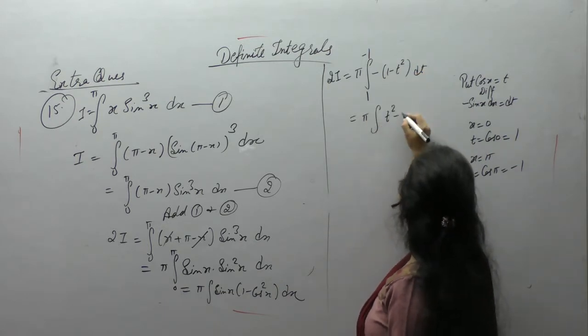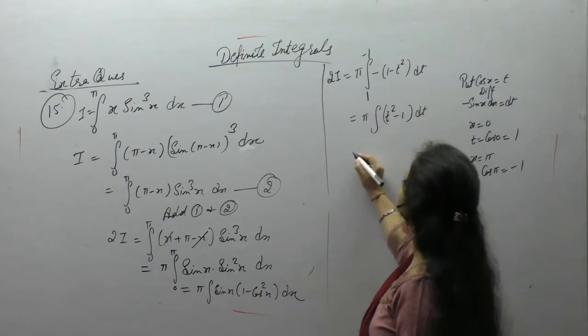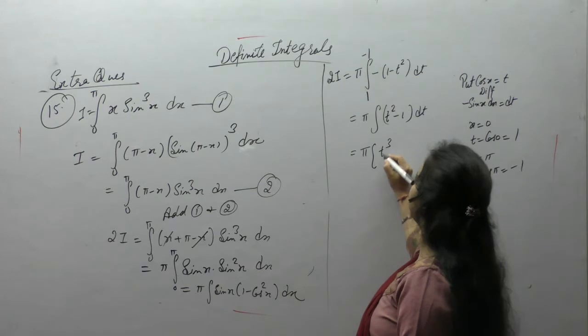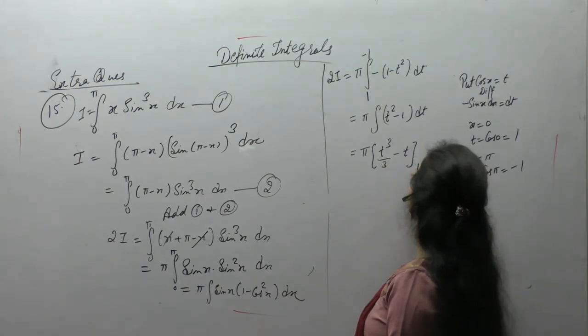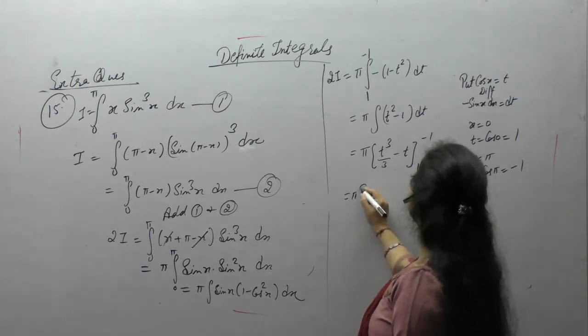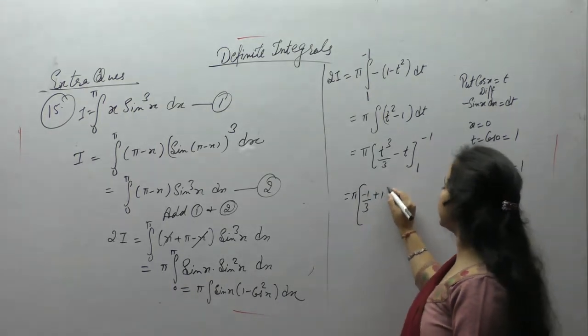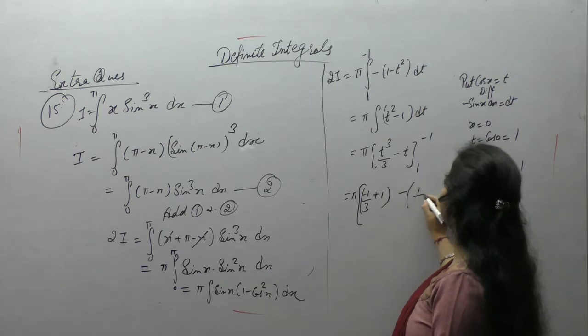Integral of t square minus 1. By using the power rule, t power n plus 1, and integral of 1 is t. Put the limits now. Minus 1 cube minus plus 1, lower limit 1 cube minus 1.